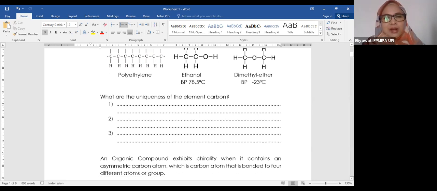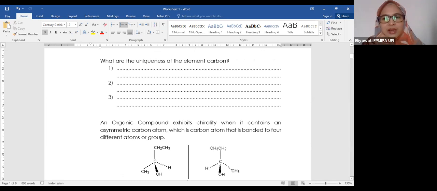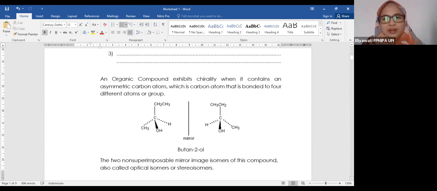Okay, any question about the uniqueness of element carbon? In this picture, I provide you one example of isomer, because there are so many kinds of isomer. It is just an example of optical isomer or stereoisomer.